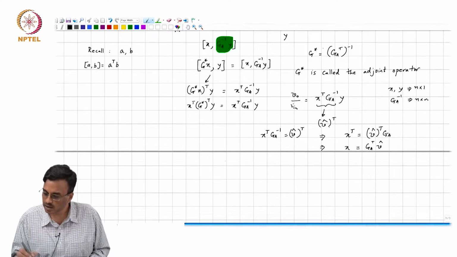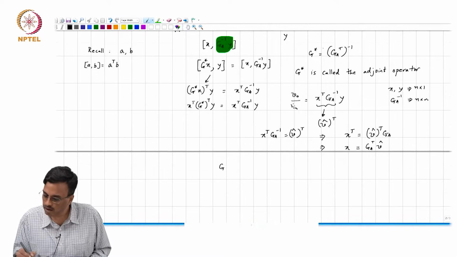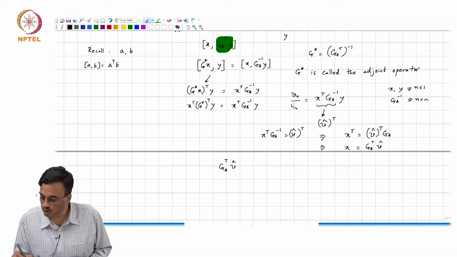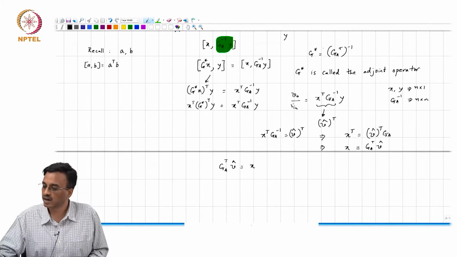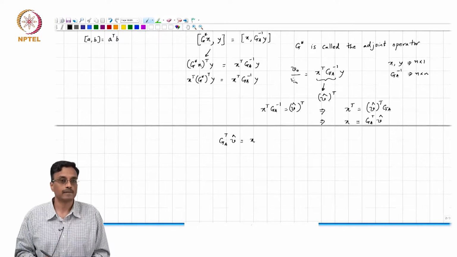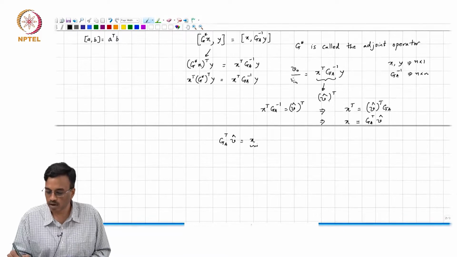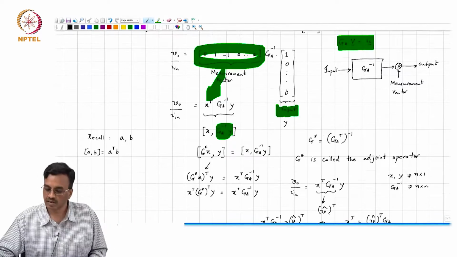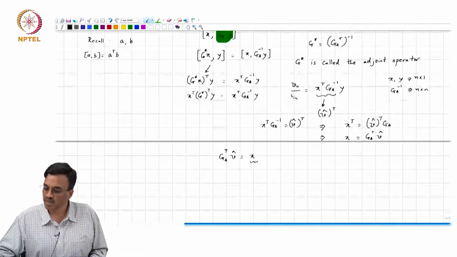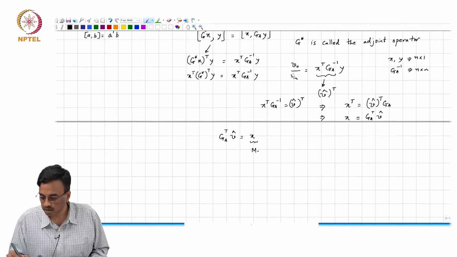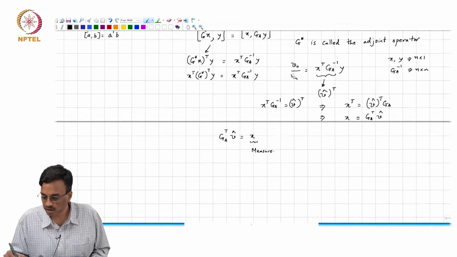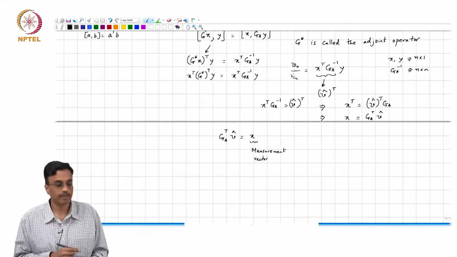Or in other words, GA transpose times V hat equals X. And remember, what is X? What did it denote in our earlier discussion? This is the measurement vector. That was the name we gave to X.